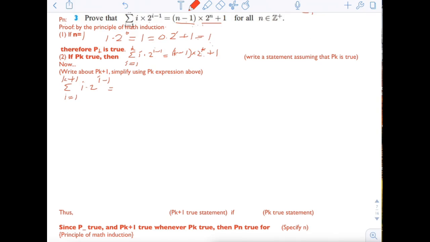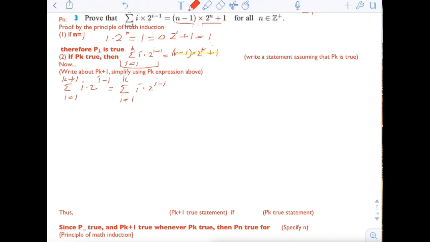So that is going to be equal to the sum from i equals 1 to k of i times 2 to the i minus 1, is equal to, oh, I'm sorry. Do you see how I'm already starting to do my strategy here? I'm going to break this down into two parts. One is a part that's going to look like this part because I want to eventually substitute this in.